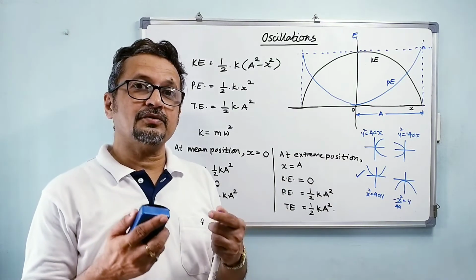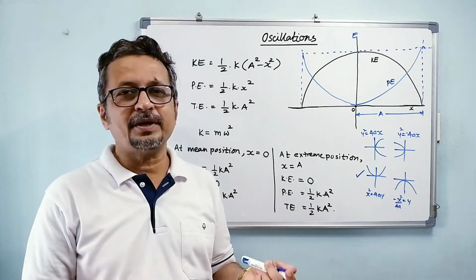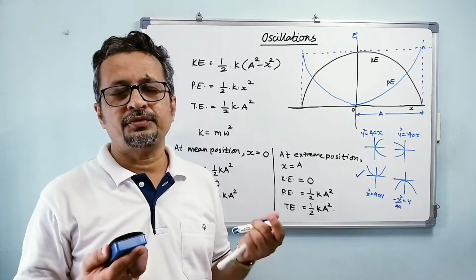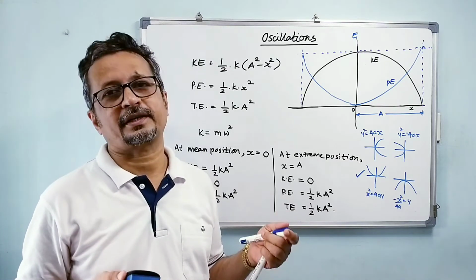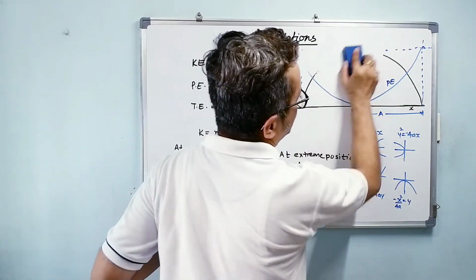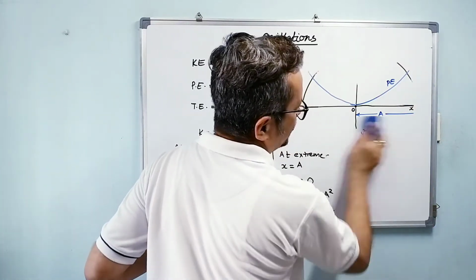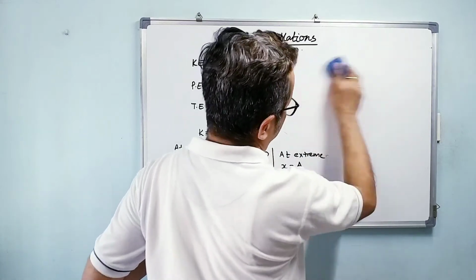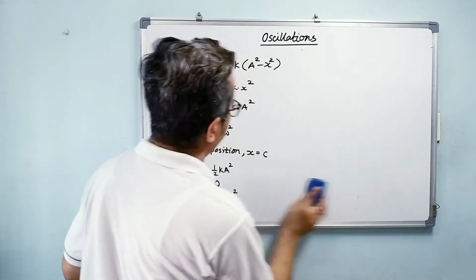Now let us see the total energy. It depends on a few factors. What are these factors? I'll just clear this graph and things on this side, but I'll retain the left hand side here.